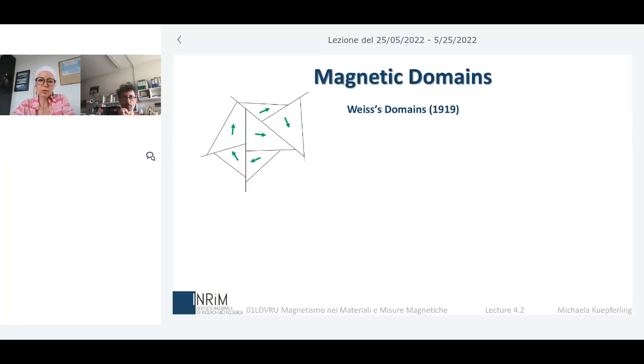And this was clear already to Weiss, who in the last lecture we saw found this description of ferromagnetism by the Weiss molecular field.